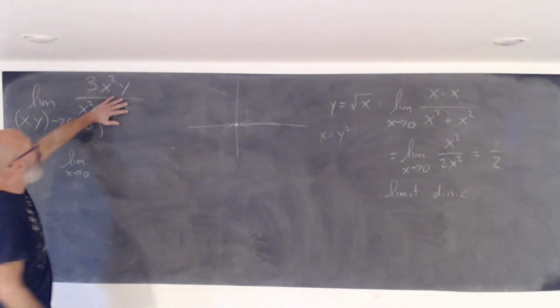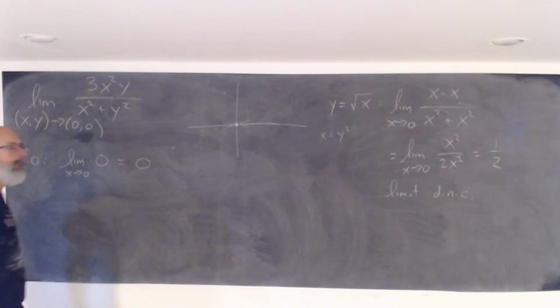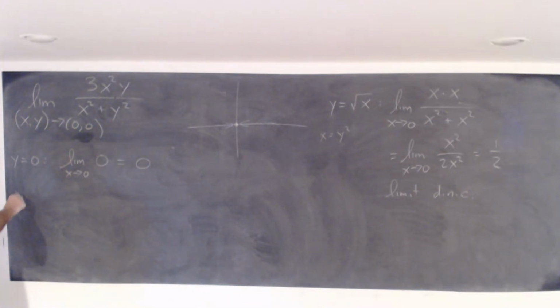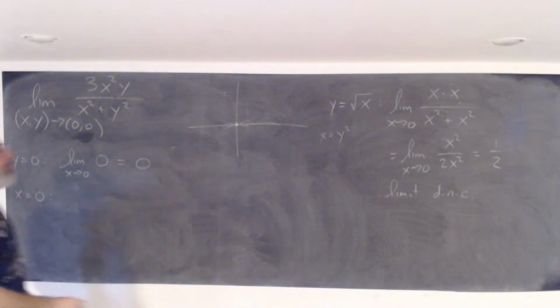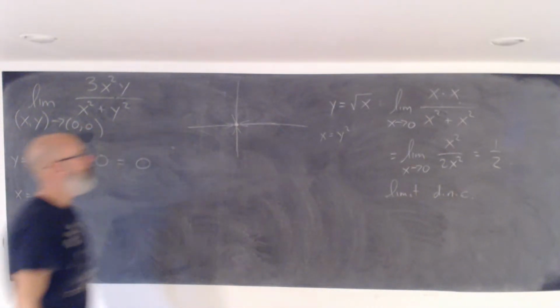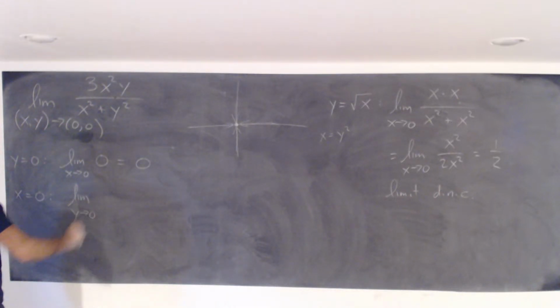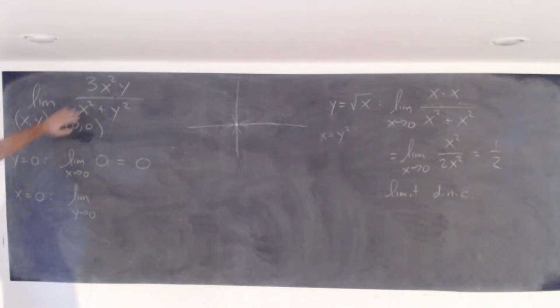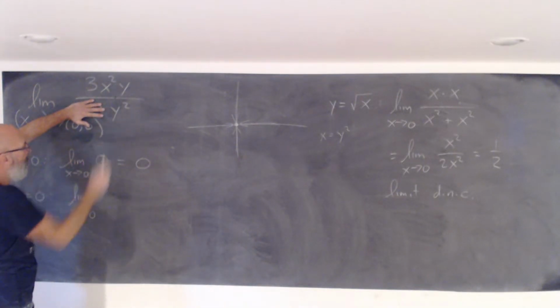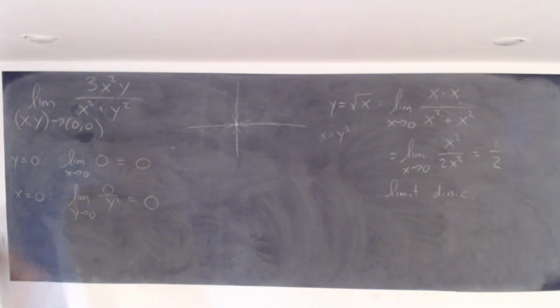If y is 0, that's gone. Numerator is 0, so the whole thing is 0. If x is 0, coming this way, you get 0 over y squared, whose limit is still 0. So on the x and y axes, limits are 0.